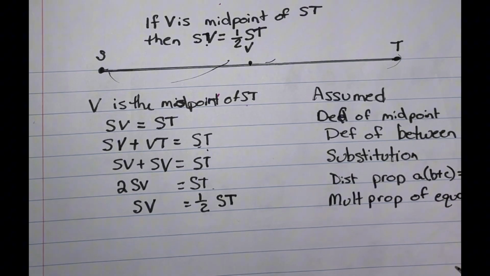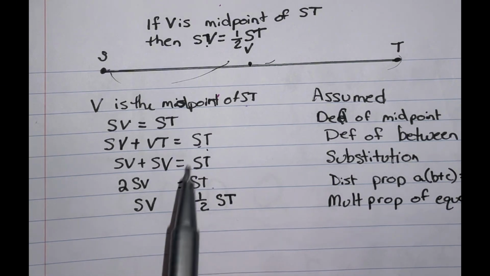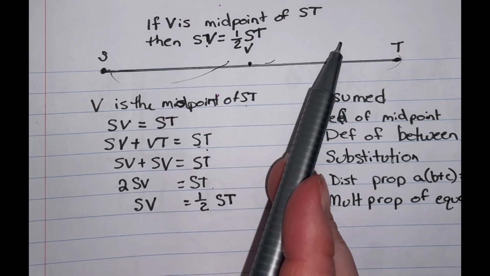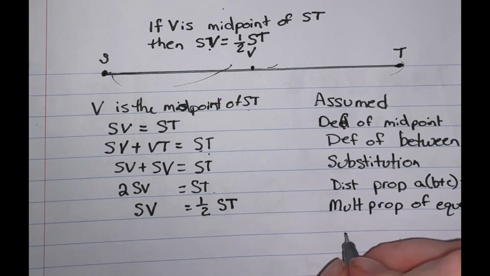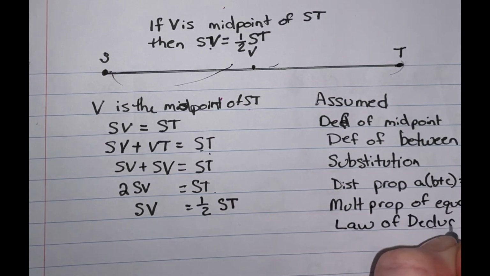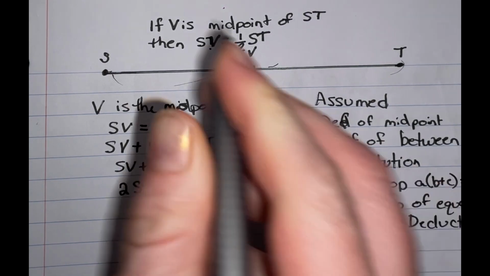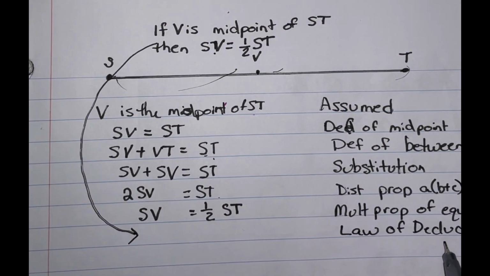And then what we then could say, if V is the midpoint of ST, then SV equals half ST. That is the law of deduction. And I'm just going to put an arrow. So we now know that is the law of deduction.